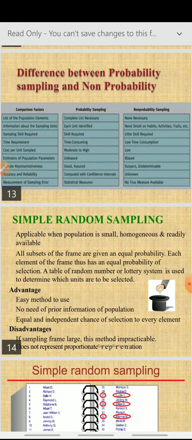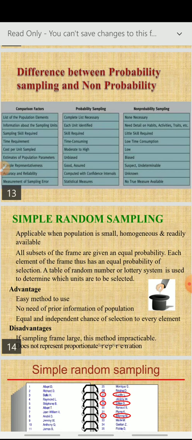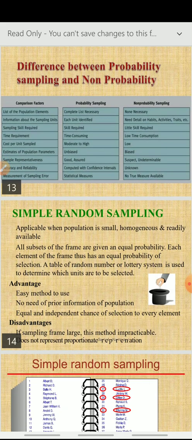We are giving equal chances to every respondent to get selected, so there should be a list or a method through which we can select properly. In non-probability sampling, it is not necessary to have a list, because it is based on our judgment, the researcher's discretion, and convenience.